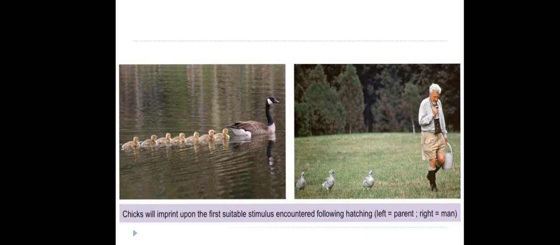In his experiment, Lorenz removed the mother hen and stood himself in its position. When he slowly moved, the goslings followed him wherever he went. In another experiment, Lorenz exposed goslings to a wooden box. When he dragged the box, the goslings started following it.